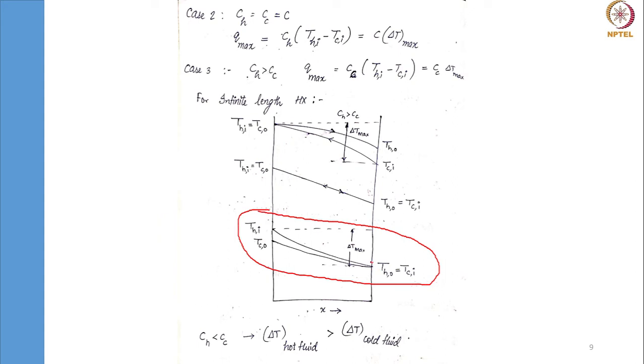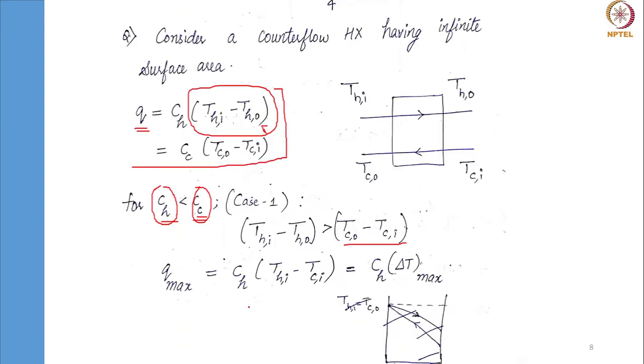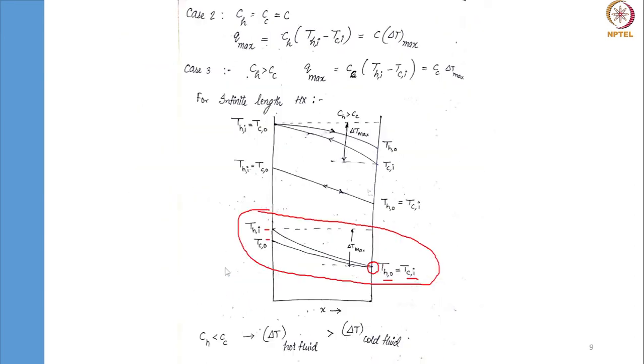Because we have taken an infinite length heat exchanger, T_H exit and T_C in match, and T_C,i and T_C,o have some particular delta T. Now we'll write the expression of Q max that is possible in this case.